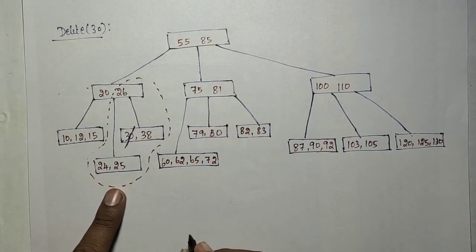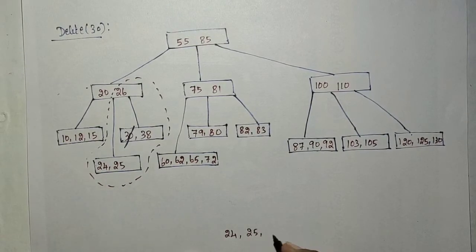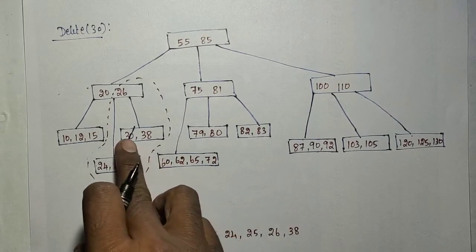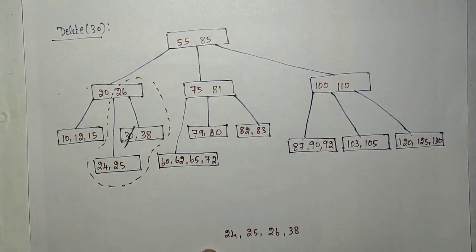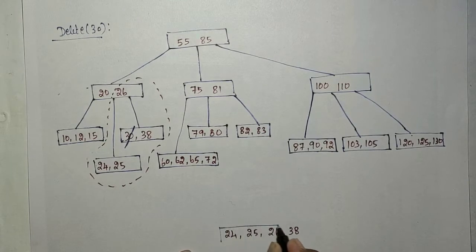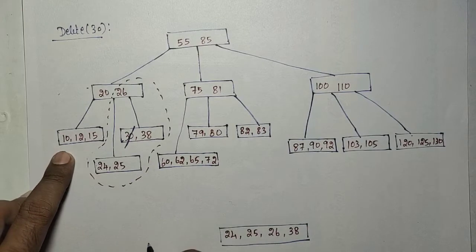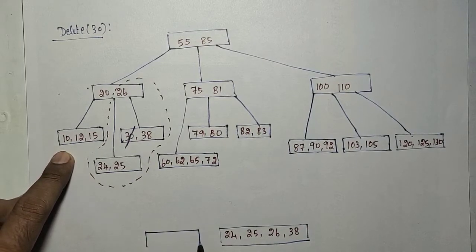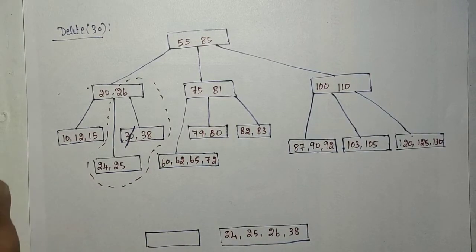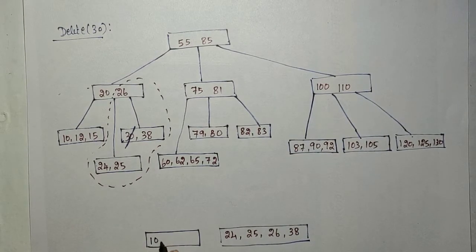So 24, 25 and the 26 and 38. So it is getting deleted. Okay, so this will become a node, and another node is this 10, 12 and 15.